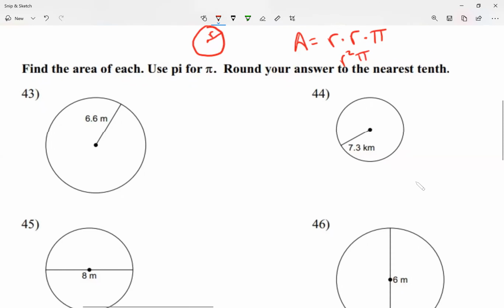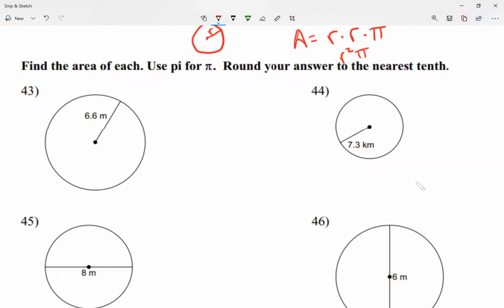For number 43, my radius is 6.6. So I'm just going to go 6.6 times 6.6 times pi. And again, I'm not doing 3.14. I'm using the symbol pi. When you're typing in your work, type in pi, then you will see the symbol pi pops up.